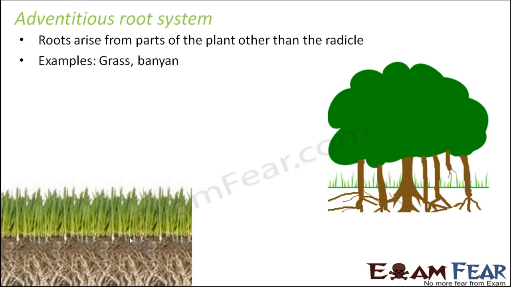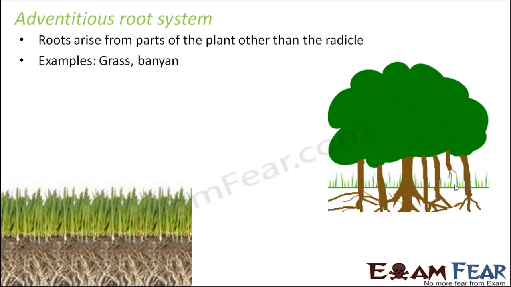Similarly, if you look at the banyan tree, have you ever observed the roots of a banyan tree? The branches of the banyan tree drop downwards, go inside the soil, and then roots develop from there. So basically these are like hanging roots. I'm sure many of you would have seen this, because generally banyan trees are very old and big trees, so you can see those hanging roots.